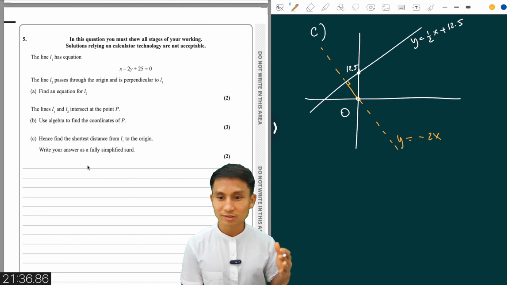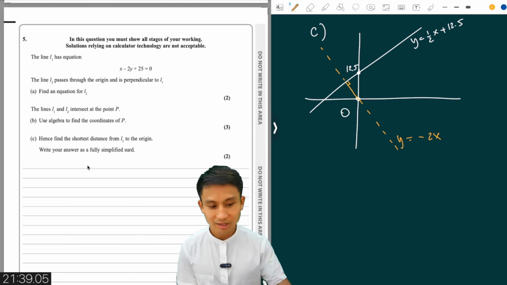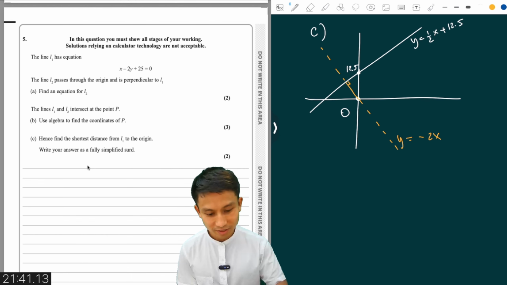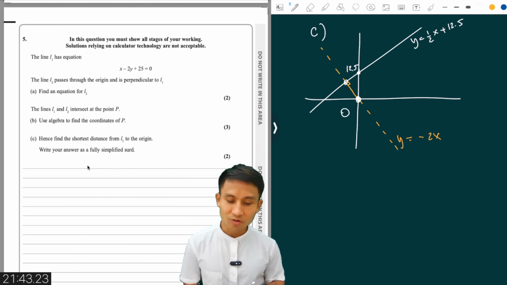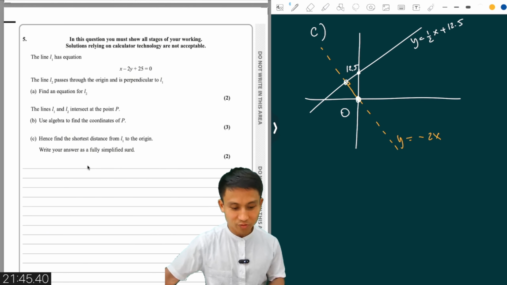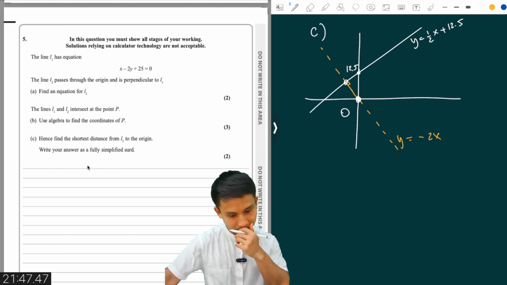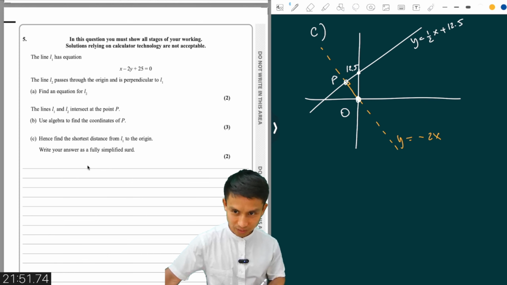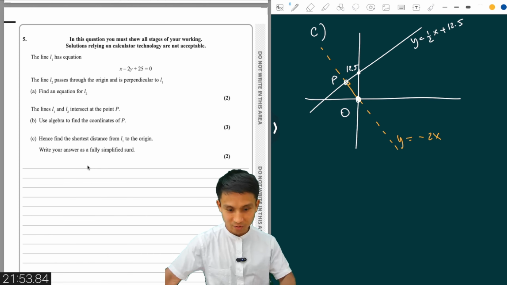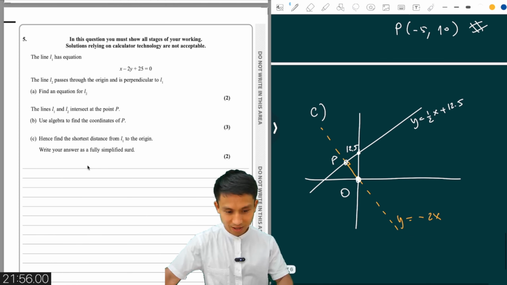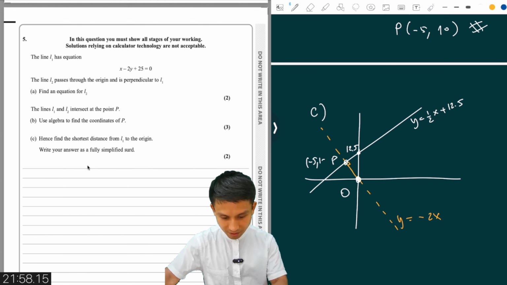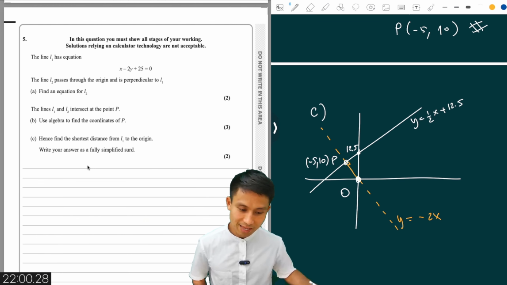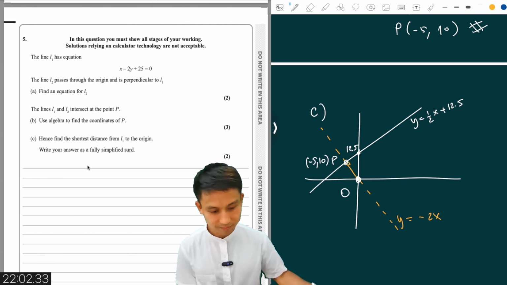So the shortest distance from L1 to the origin must be along the orange line there, which is y equals minus 2x. We already know the intersection between them, which is point P, minus 5 and 10.